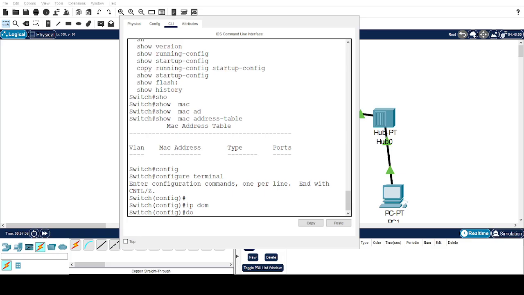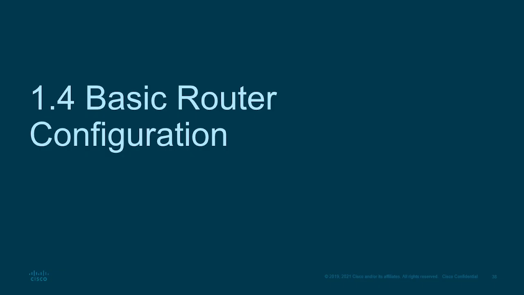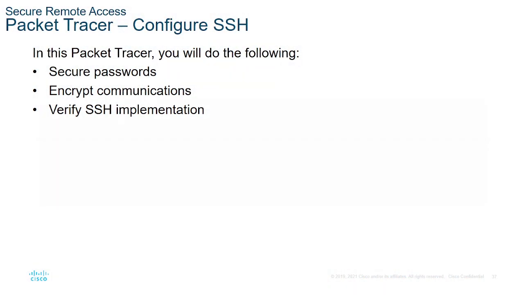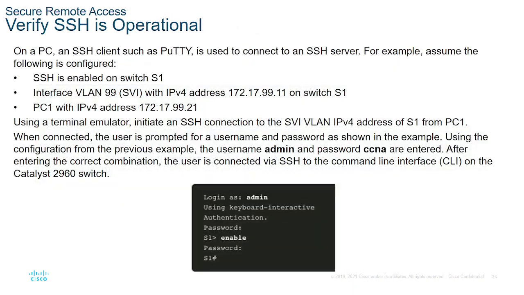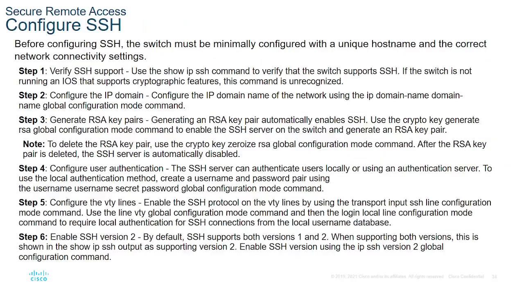Just a minute, let's confirm here. So the first thing is setting up a domain, which is using the command ip domain-name. Let me get back to my Packet Tracer.